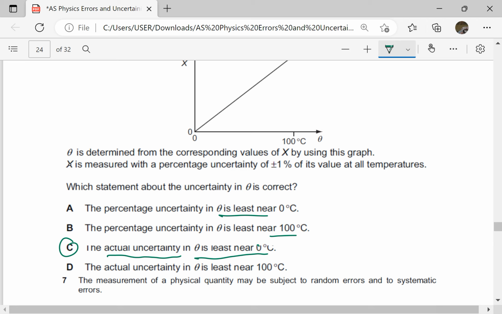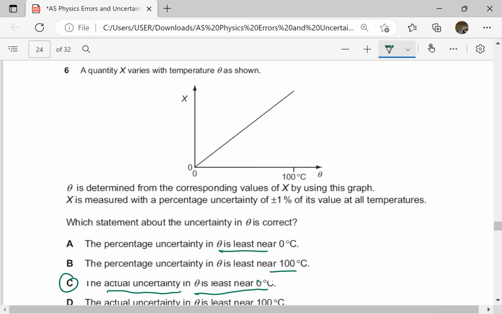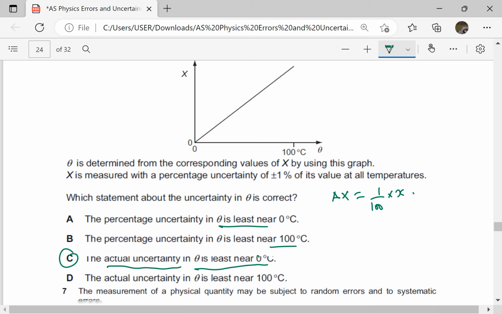Theta is determined from the corresponding values of x by using this graph. X is measured with a percentage uncertainty of plus or minus 1%. So that means the absolute uncertainty in x is equal to 1 divided by 100 times the value of x. And we see that x is directly proportional to theta.